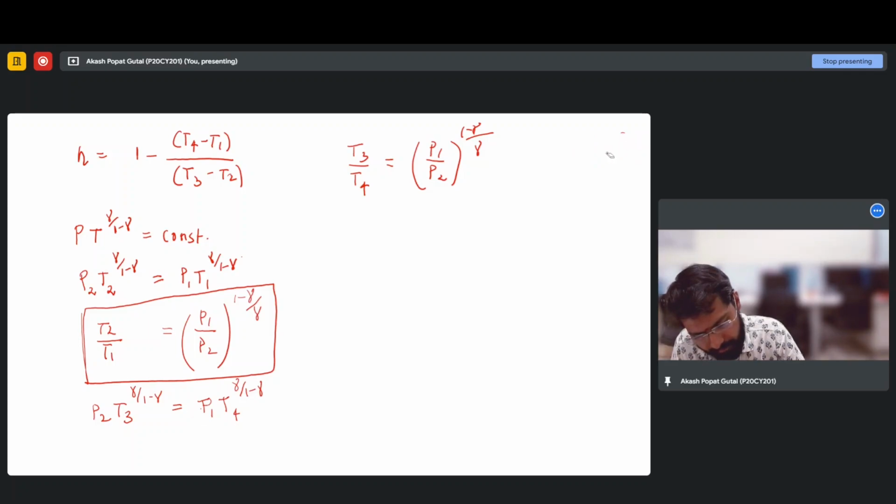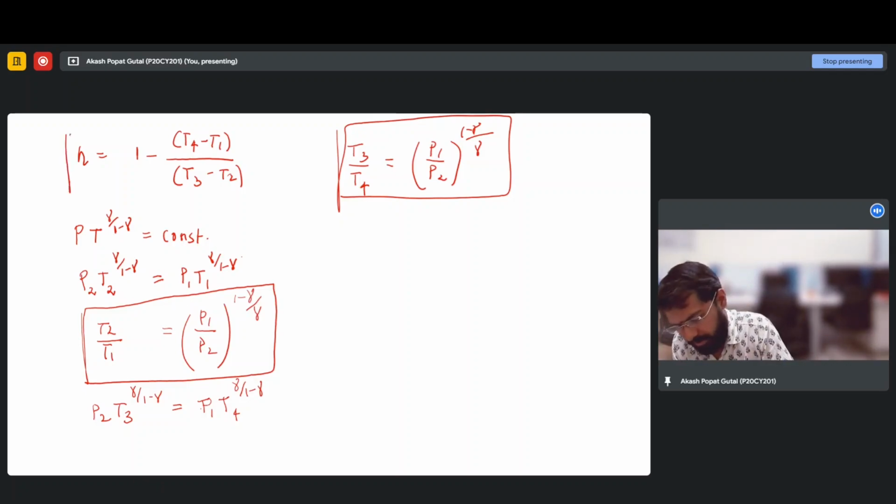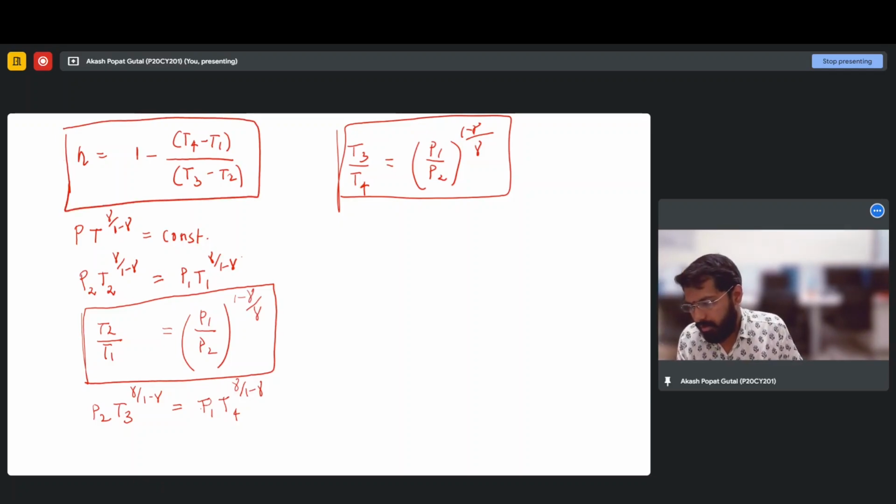So again, we need to calculate T4 and T1 in terms of these, so we need to put these relations in this efficiency equation. Let me check the relation again.